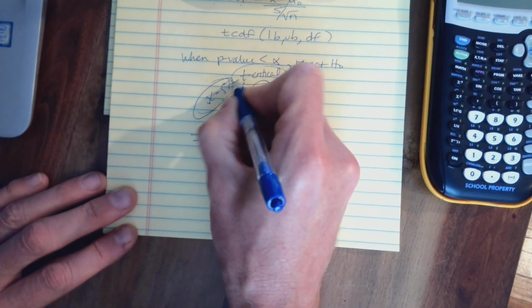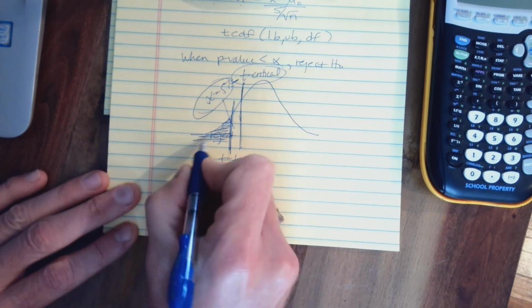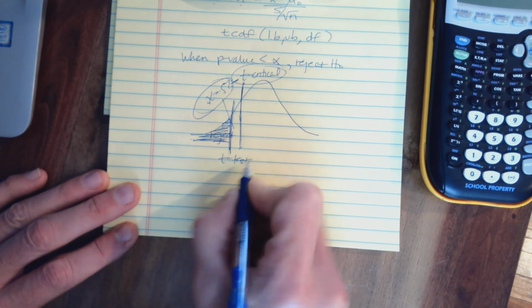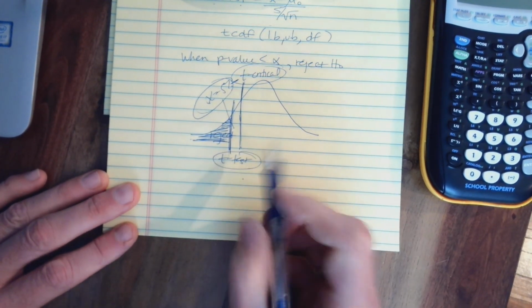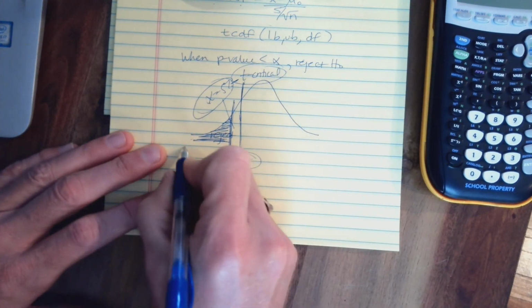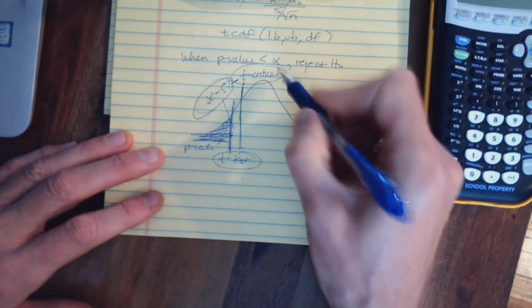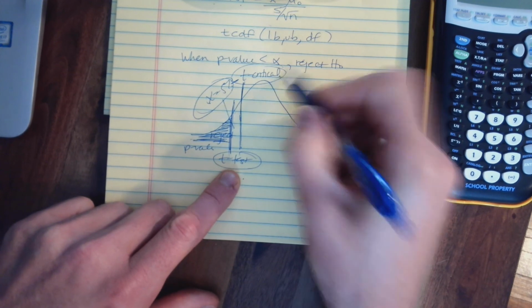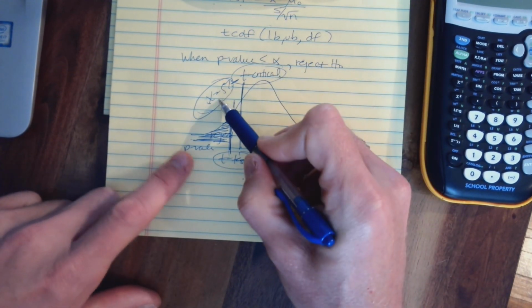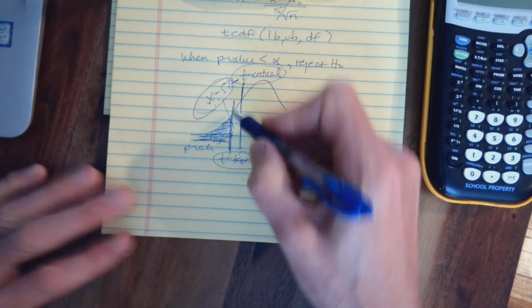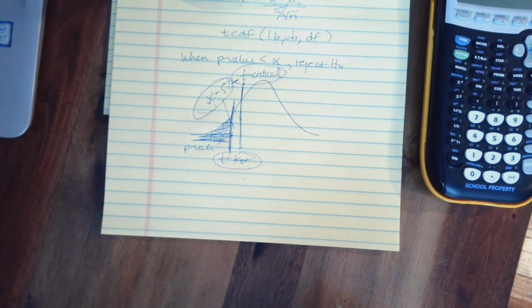So those two things are tied together. And the p-value is tied to this test value. So I can either compare t-critical to t-test, or I can compare the p-value to alpha. Either strategy is fine.